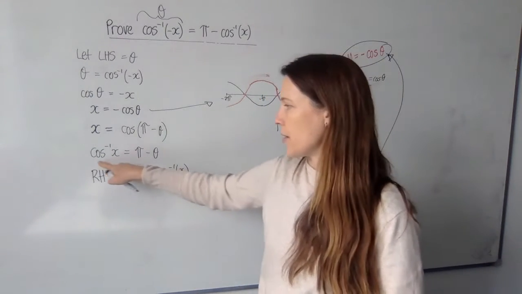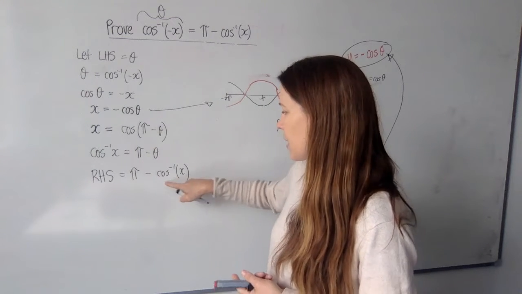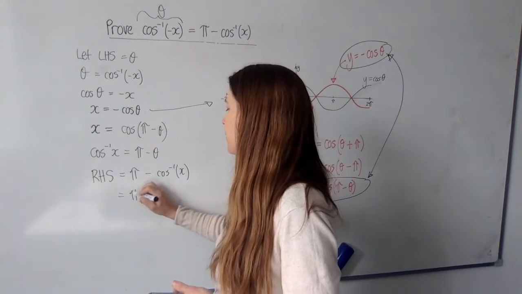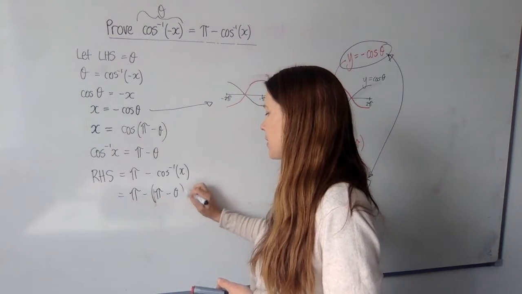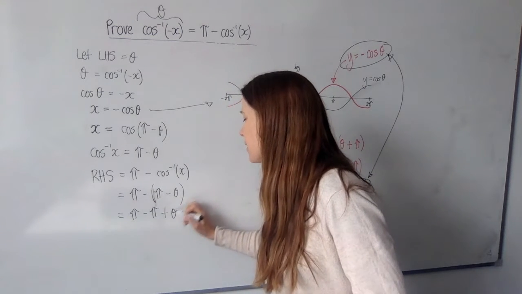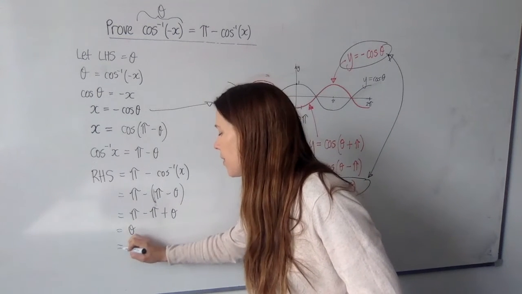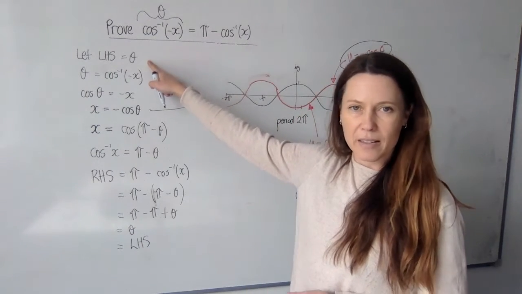But we've just shown that the inverse cos of x is this. So surely we can sub this in here for inverse cos of x, pi minus pi minus theta. And now expanding our brackets, we've got pi minus pi plus theta, which is just theta. And that is equal to the left-hand side because in the beginning we defined our left-hand side as that.